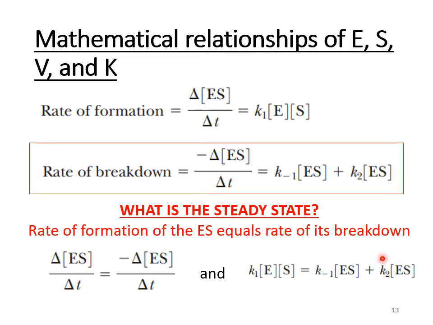But if I were to show it to you, I'd focus on this side here because it's usually a little more clear of what each of these is representing. So make sure you're able to recognize if you see one of these equations, the positive one is the rate of formation, the negative one is the rate of breakdown, and please know the definition of steady state.